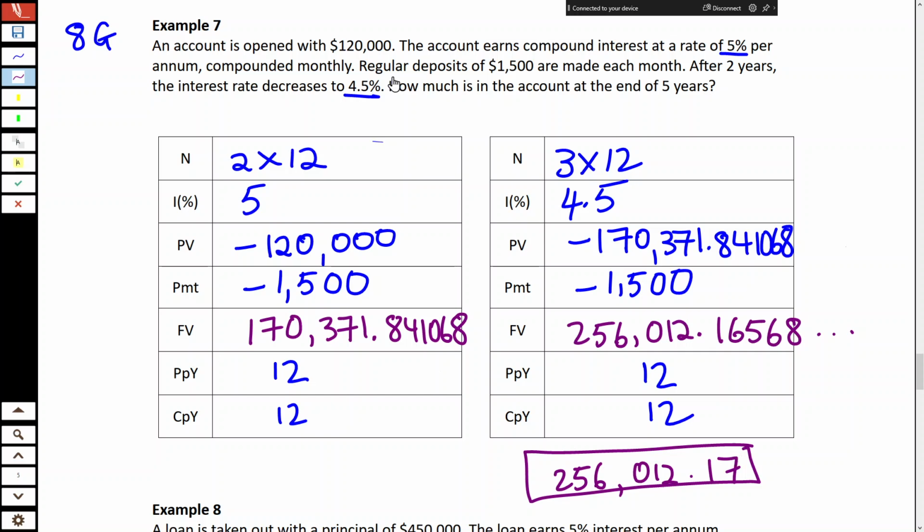You know what else I did? I didn't change this, and then I didn't change this. So now you're on the same page. 252,646.